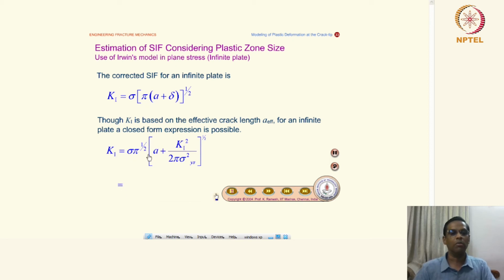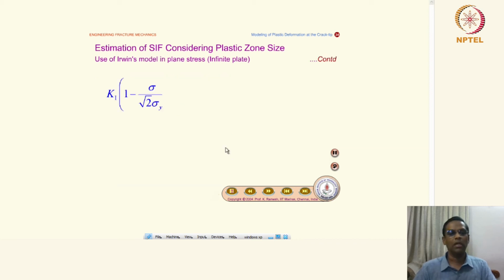K1 is equal to sigma pi to the power half into (a plus K1 square divided by 2 pi sigma ys square) whole to the power half. You will get sigma into root pi a plus sigma into square root of pi K1 divided by square root of 2 into square root of pi into sigma ys. So this is one way of getting the K1 with the plastic zone.